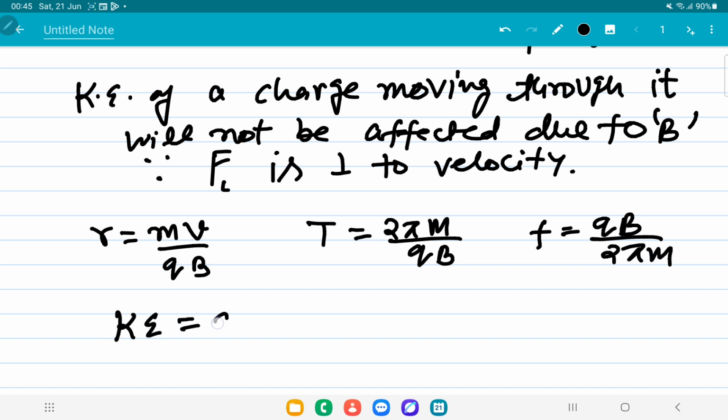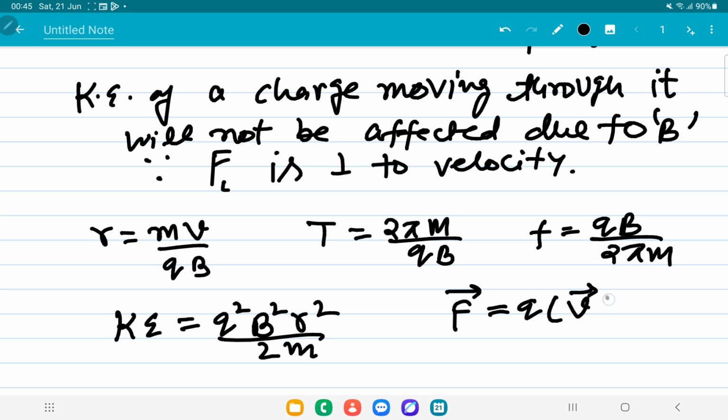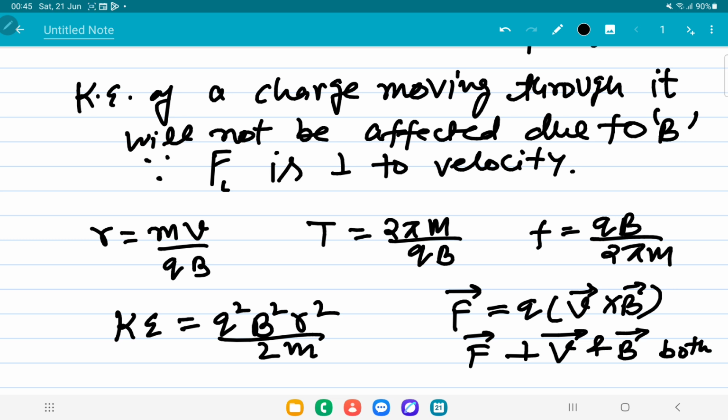Kinetic energy is q square B square r square by 2m. The Lorentz force on the charge is q into v cross B, and the force is perpendicular to velocity and magnetic field both, and the kinetic energy will not be affected due to interaction with the magnetic field.